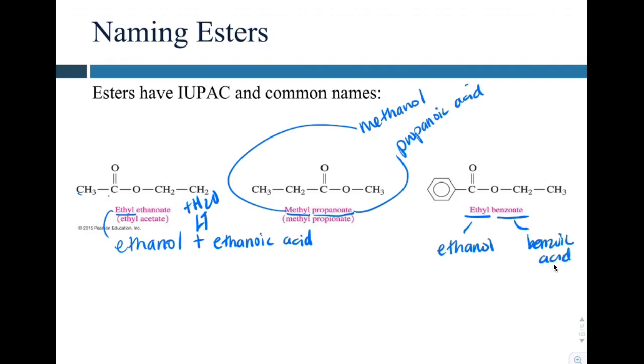So you can look at an ester and figure out, how did I make this? Or I can say, hey, let's make this ester. And you can say, oh, I know that I need this alcohol and this carboxylic acid, and I react it with an acid catalyst and heat, and I will get an ester out of it. Which is pretty cool, because now you really get to literally cooking and making things in chemistry.